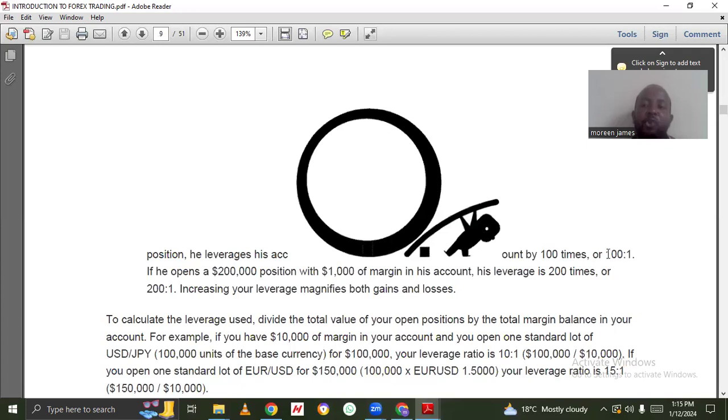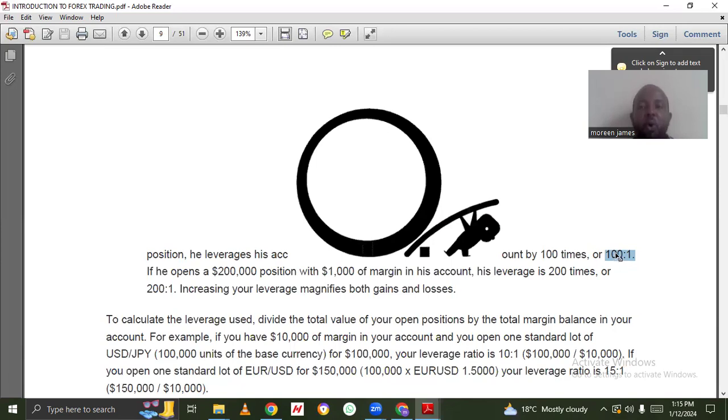This leverage is expressed as, for example, 100:1. That means I'm having 100 times more. If I'm having $1,000 and leverage of 100:1, that means I'm having $1,000 with 100 times more. I hope that makes sense.